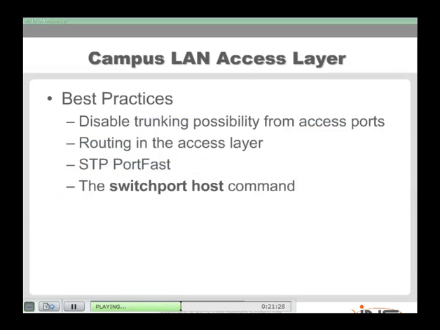Well, let's go ahead and transition into a discussion here about best practices for the distribution layer. As we talked about earlier today, we definitely are going to often consider aggregating bandwidth together into an EtherChannel.